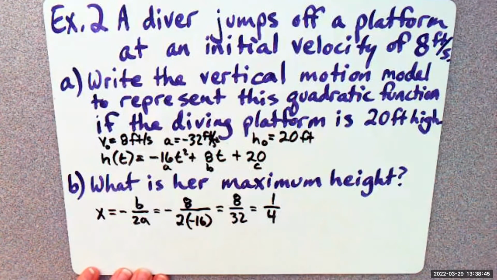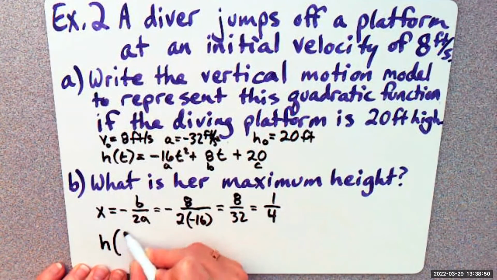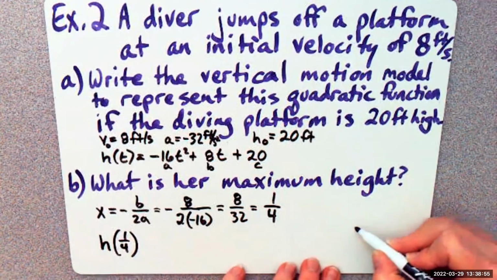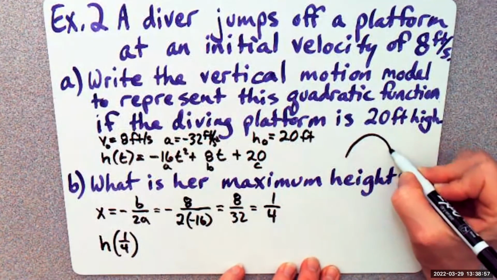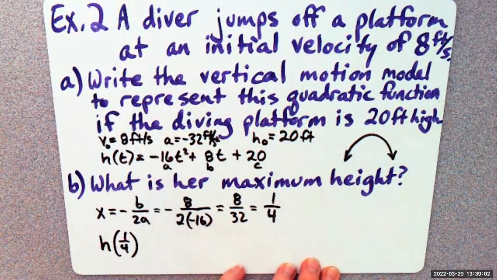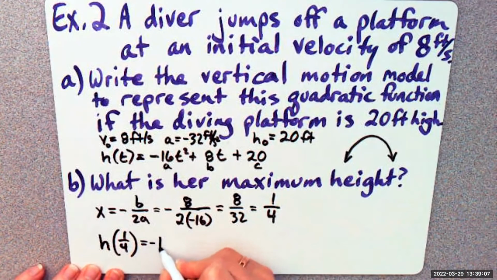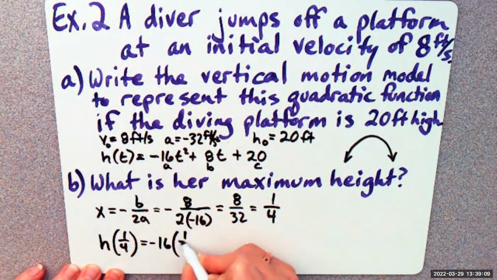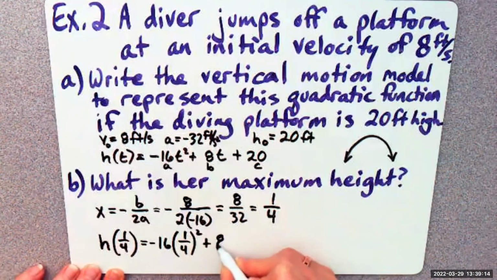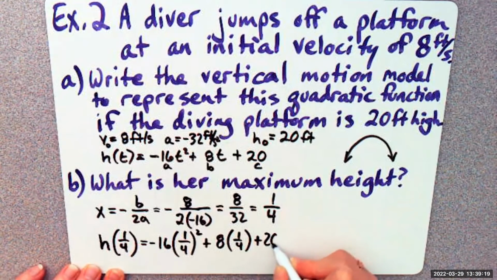So what is that height? We're going to find h of 1/4 to find the maximum height, because we know she's diving in a parabola that is upside down, opening downward because of that negative a. So we have negative 16 times 1/4 squared plus 8 times 1/4, and then plus 20.